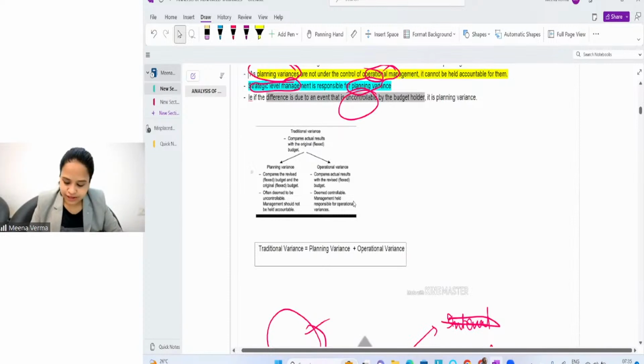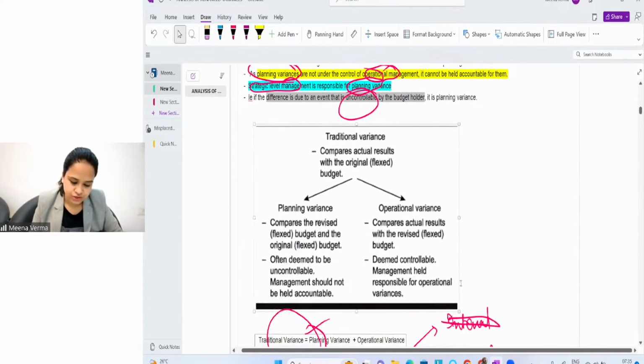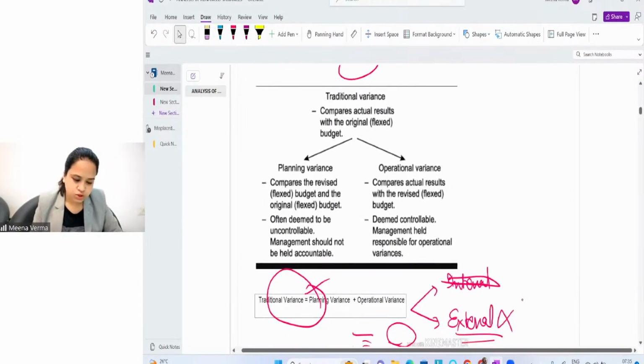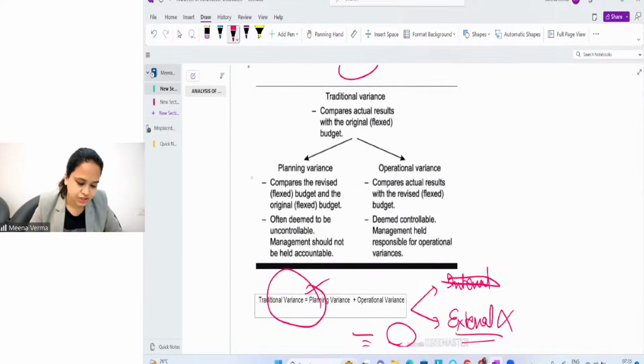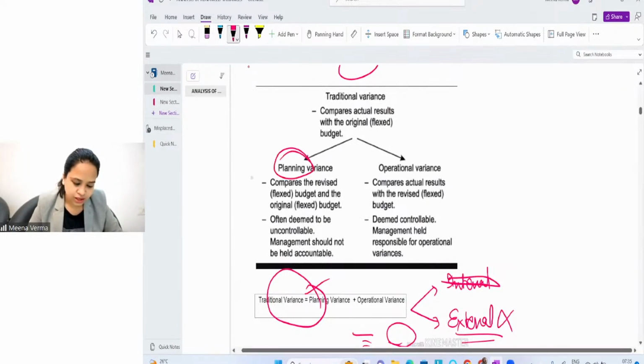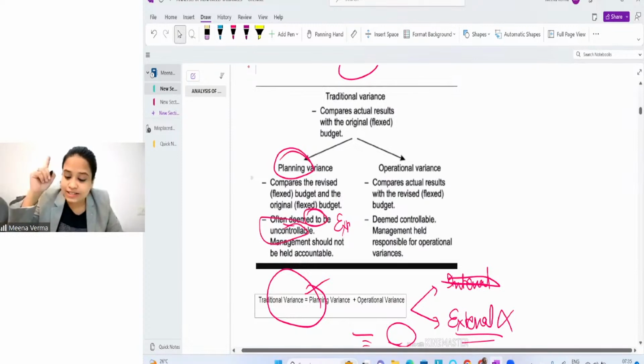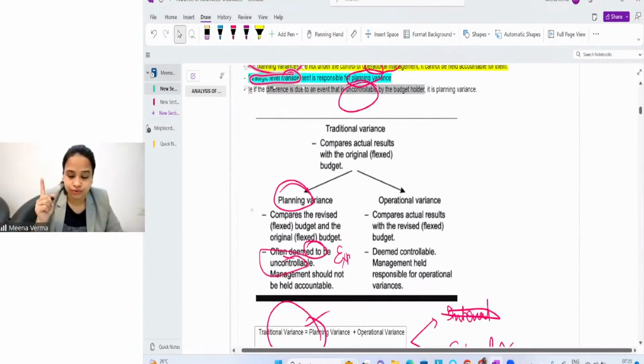And the sum of planning variation and operational variation is known as traditional variations, right? ठीक है. So you can see here, planning variation is often deemed to be uncontrollable. Control नहीं किया जा सकता because it is generally affected by the external environment, and the external environment is beyond the control. ठीक है.